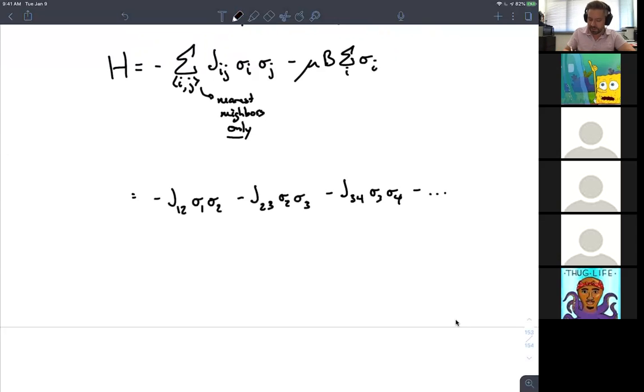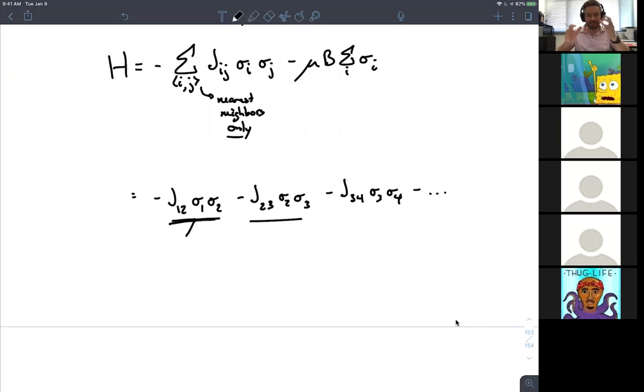You can see that spin 1 has only one nearest neighbor, spin 2, so it only shows up in that term. Spin 2's nearest neighbors are spin 1 and spin 3, so spin 2 shows up in this term and this term, but no others.